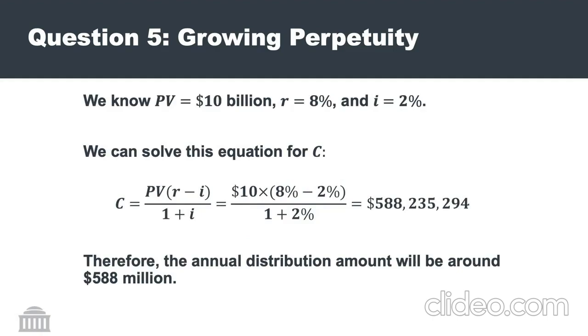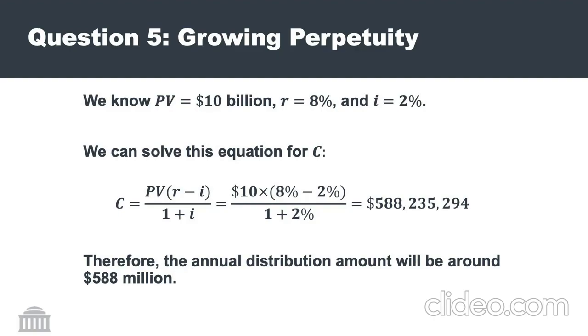Given the interest rate of 8%, we can solve this equation for payment amount C. 10 equals 1 plus 2%, which is the rate of inflation, multiplied by C, divided by 8%, which is our interest rate, minus 2%, which is the rate of inflation. Rearranging, this gives us C equals 10 times 8% minus 2%, divided by 1 plus 2%.